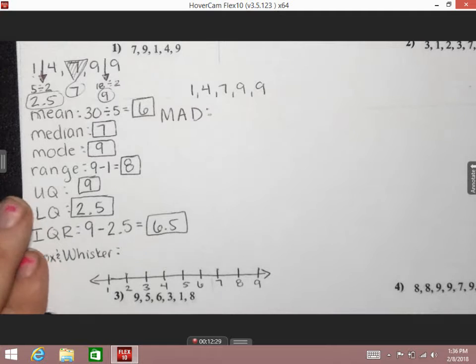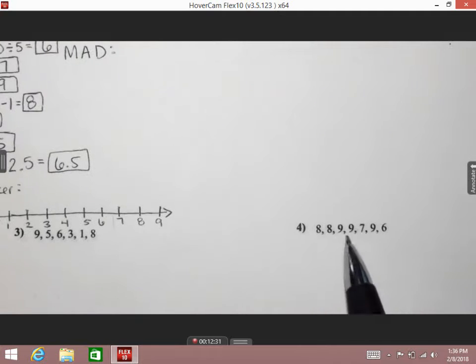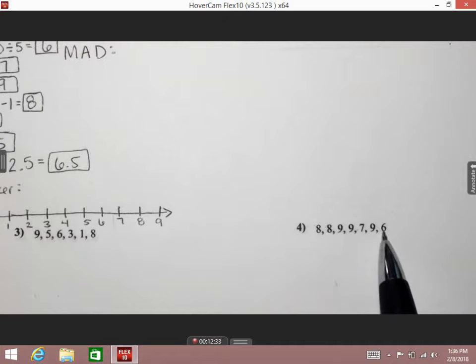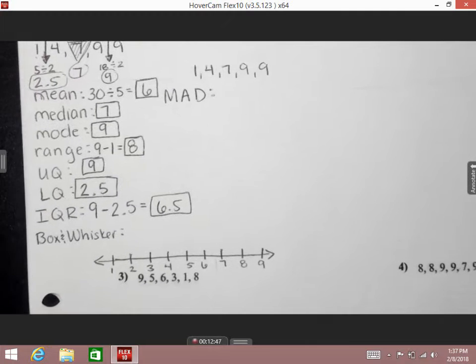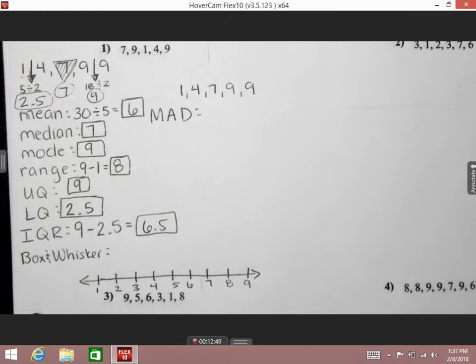If I look down, let's look at this one. What's the smallest number here? 6. So I need to start at 6. And what number do I need to go to? 9. Could I go further than 9? Yes, but we have to go at least from 6 to 9. Does that make sense? All right, so if you've forgotten the strategy using the range, that's fine.